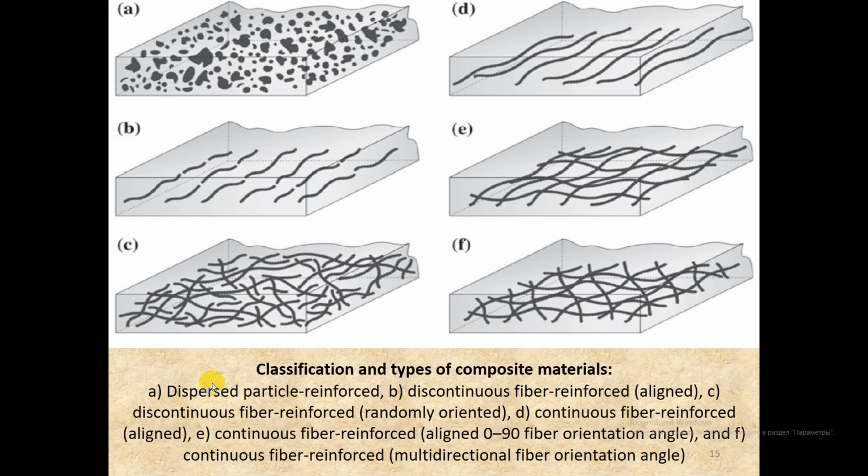So, composite material can be dispersed, particle reinforced, discontinuous, fiber reinforced, aligned, discontinuous, fiber reinforced, randomly oriented.